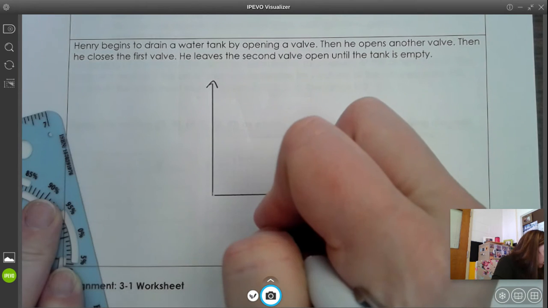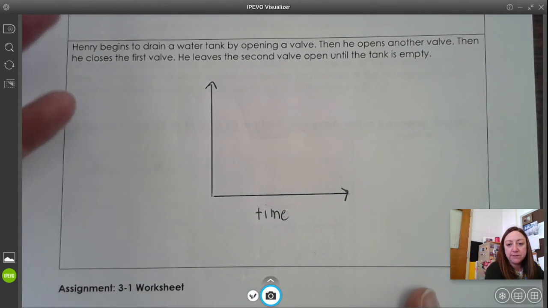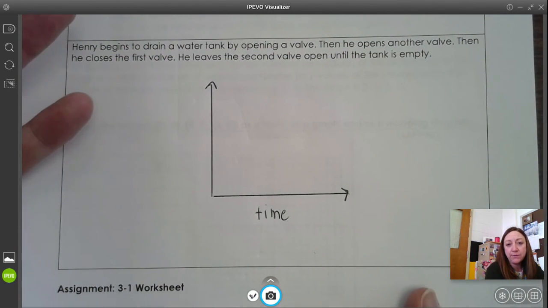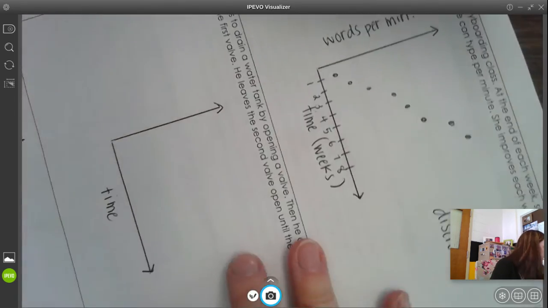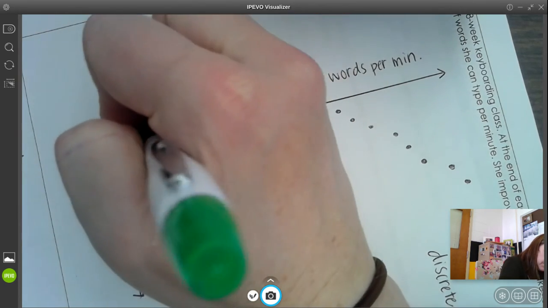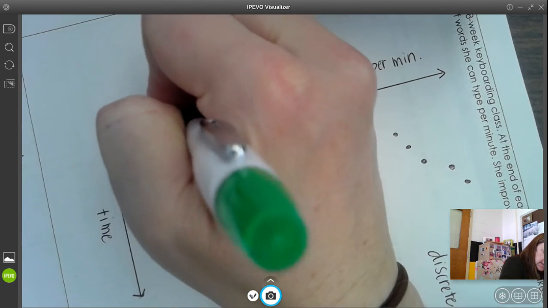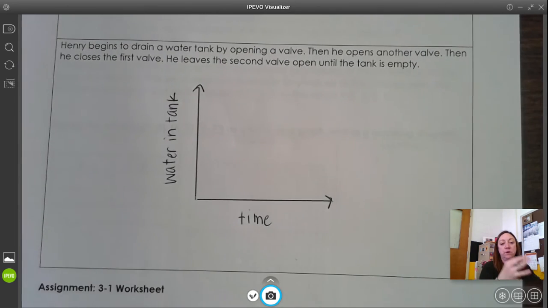Okay, so down here we're going to have our time, and it doesn't really talk about minutes or seconds. We don't really have to worry about that. And then how much water is in the tank is going to be the other one. And they don't give us any numbers to work with here in this problem either. So therefore, I'm not going to put any numbers on either axis.